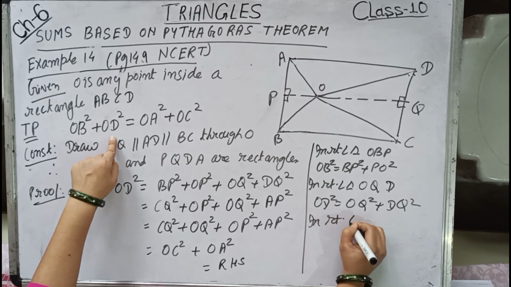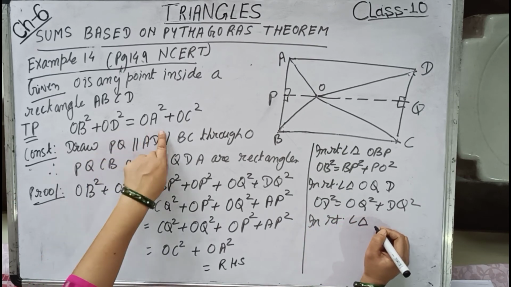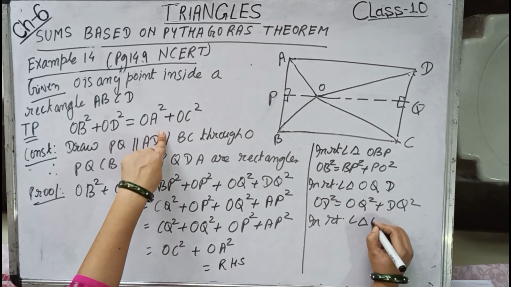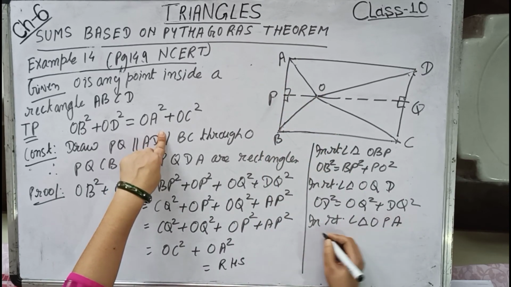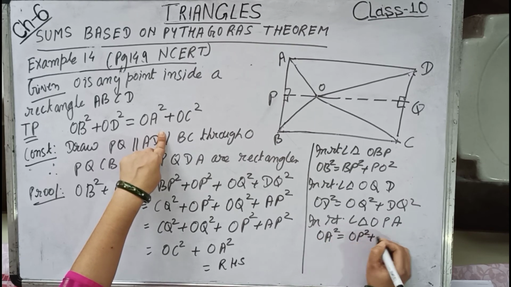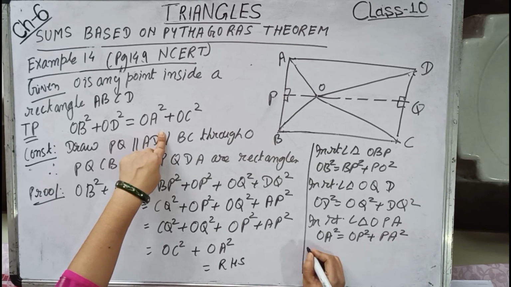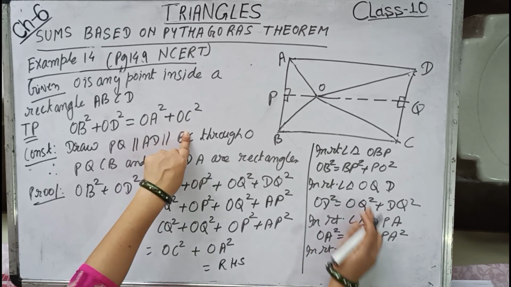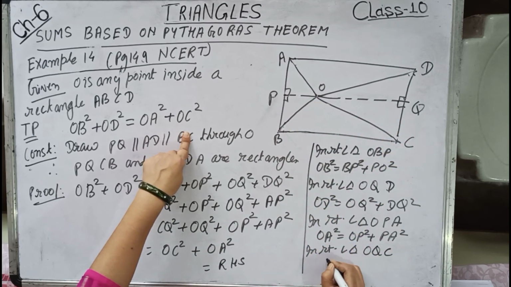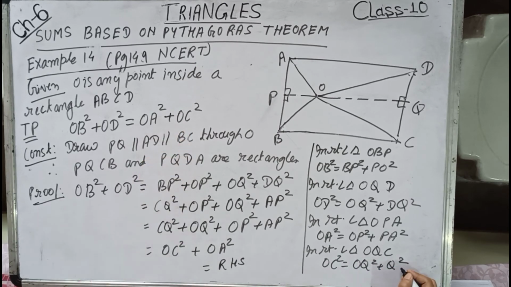In right angle triangle, now OA, so OPA, OA square equals OP square plus PA square. And in right angle triangle OQC, OC square equals OQ square plus QC square.